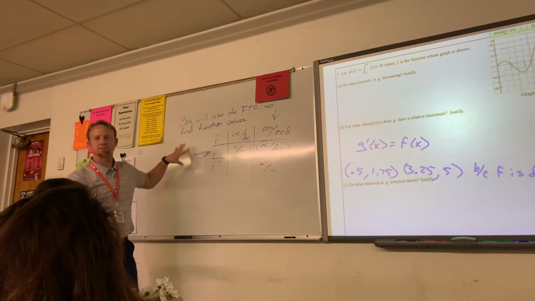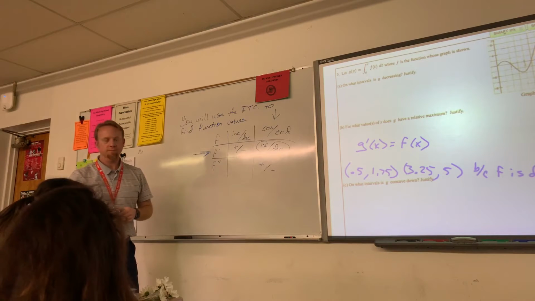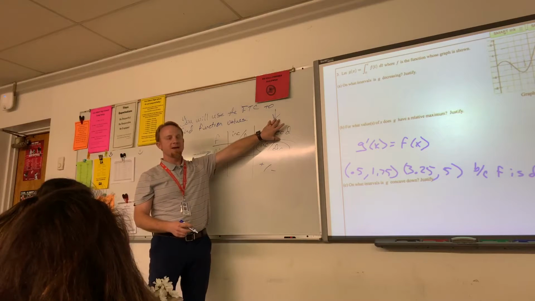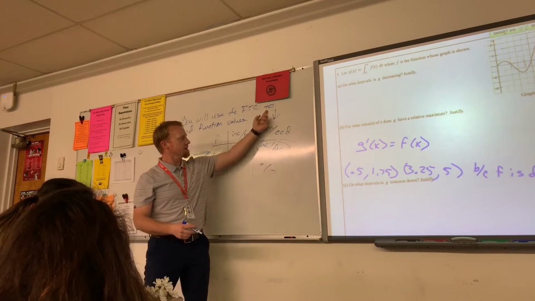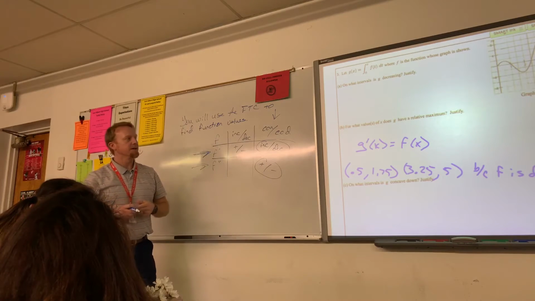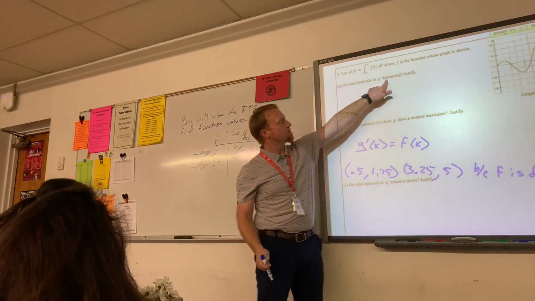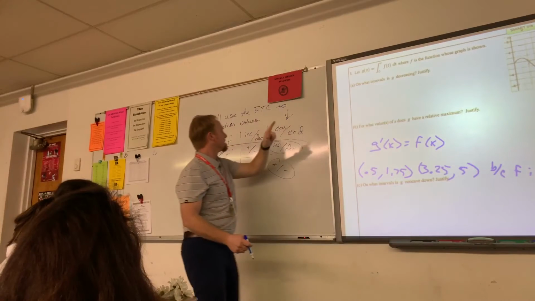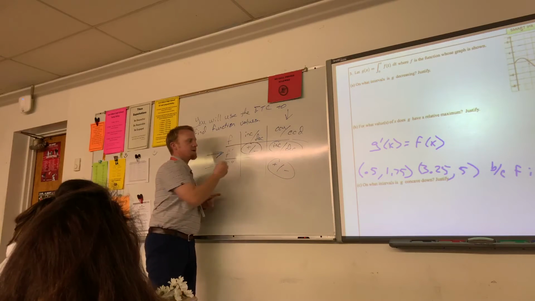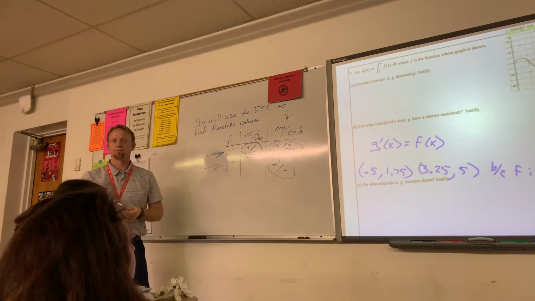That's how you use this. Got it? So if I was given the second derivative and I want to talk about concavity, then I'm going to go second derivative, I'm going to go concavity. I need to be looking for positives and negatives. Okay? Up here, we want it to be decreasing. Here's decreasing. I was given this, so I need to be thinking about that. That's how it works.